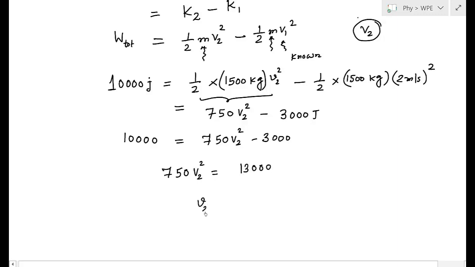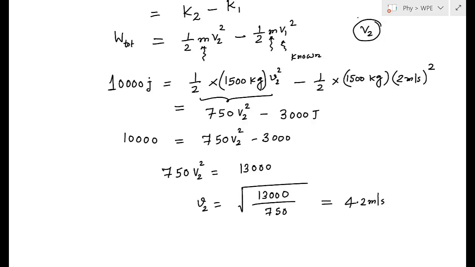So V2 will be the square root of 13,000 divided by 750. If you calculate, this will come to 4.2 meter per second. So the final velocity of the sledge will be 4.2 meter per second.